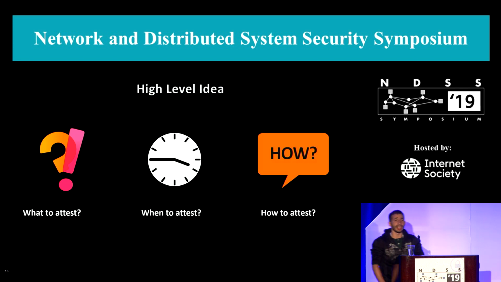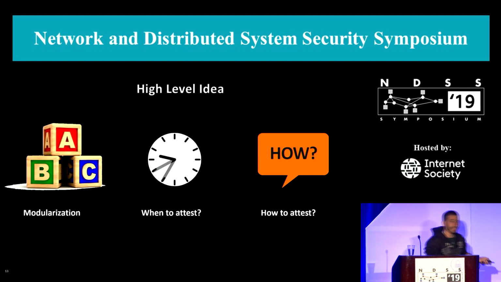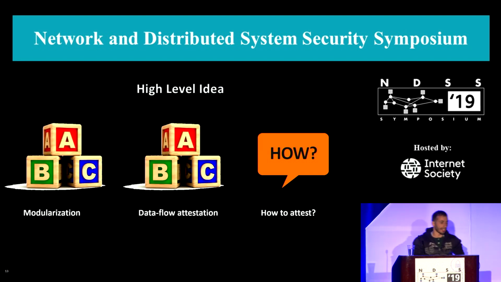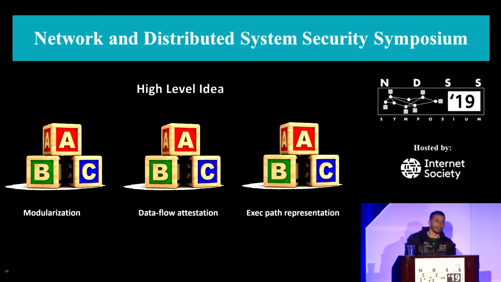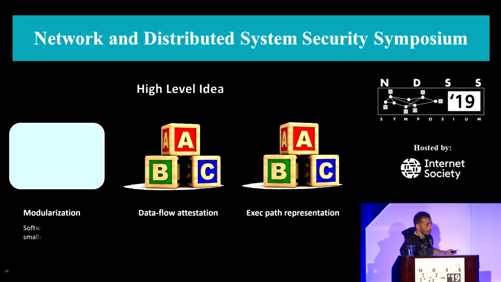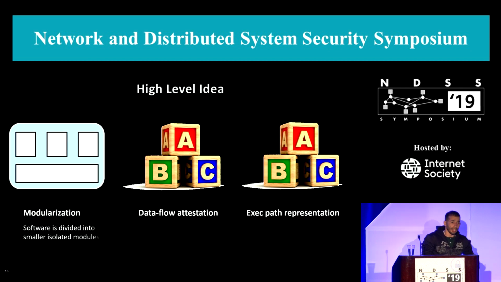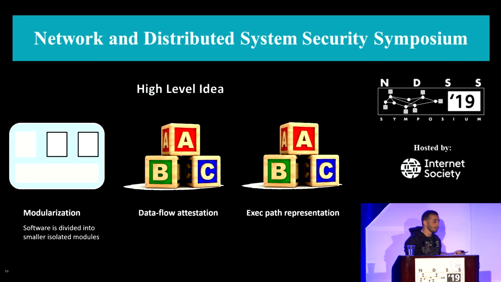This translates to the three basic blocks of our solution, which are modular attestation, data integrity attestation, and execution path representation. For modular attestation, we assume the software is divided into multiple modules that are isolated, and we only attest the modules that are relevant for our use case.